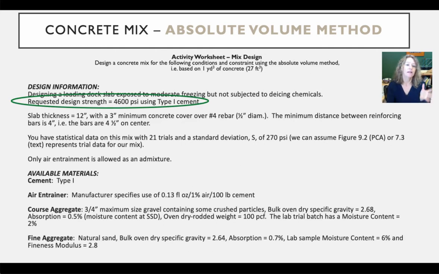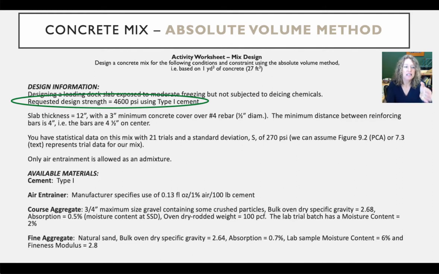So step 1, we need to figure out, based on the requested strength, what the required strength should be. When we're dealing with mixing concrete and variations in the aggregate and mix time and so on, you're not always going to get exactly 4,600 PSI.